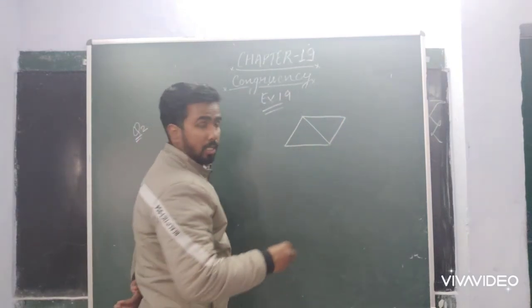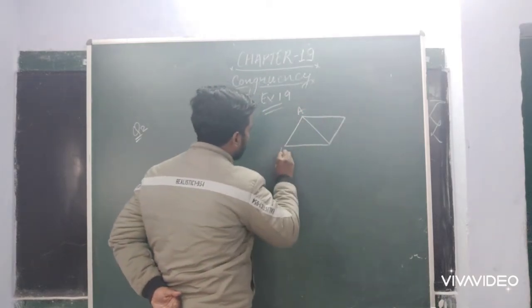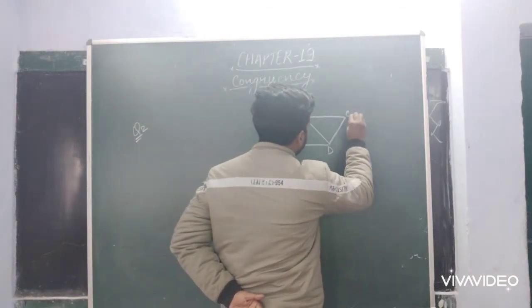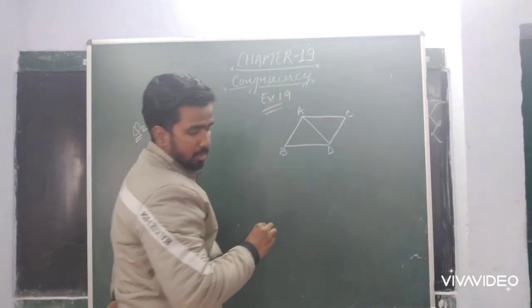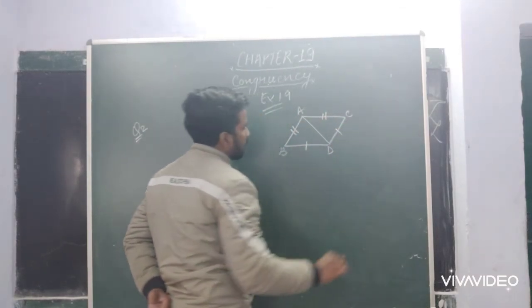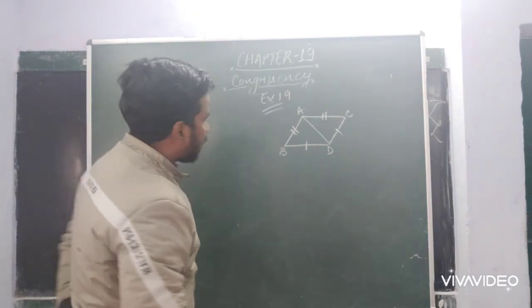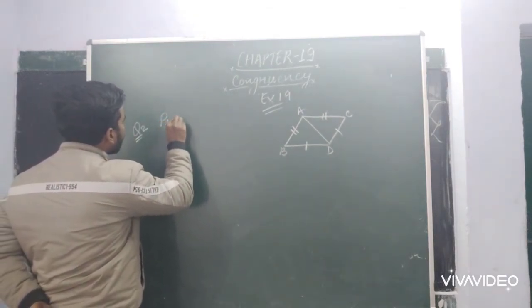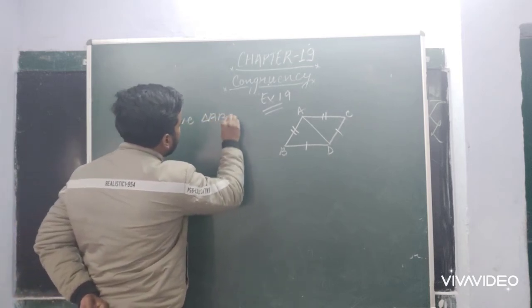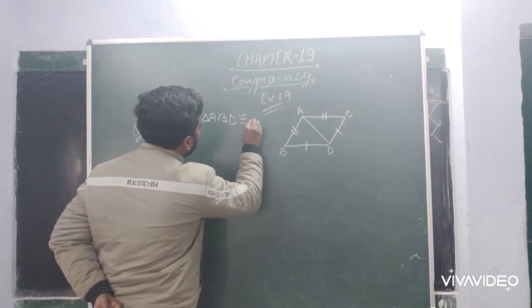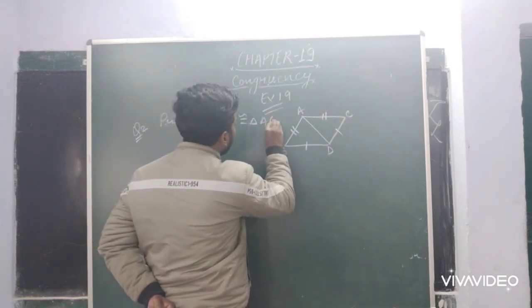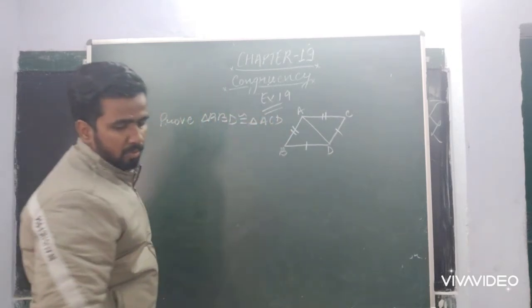Then the marking is done: A, B and D and C. Okay, this side is equal to this side and this is equal to this, and we have to prove that triangle ABD is congruent to triangle ACD. Okay, we have to prove it.